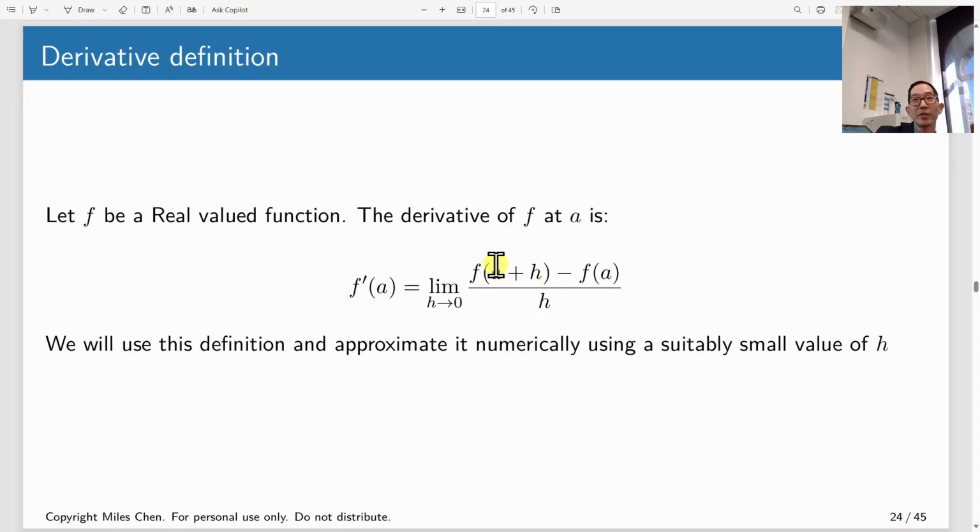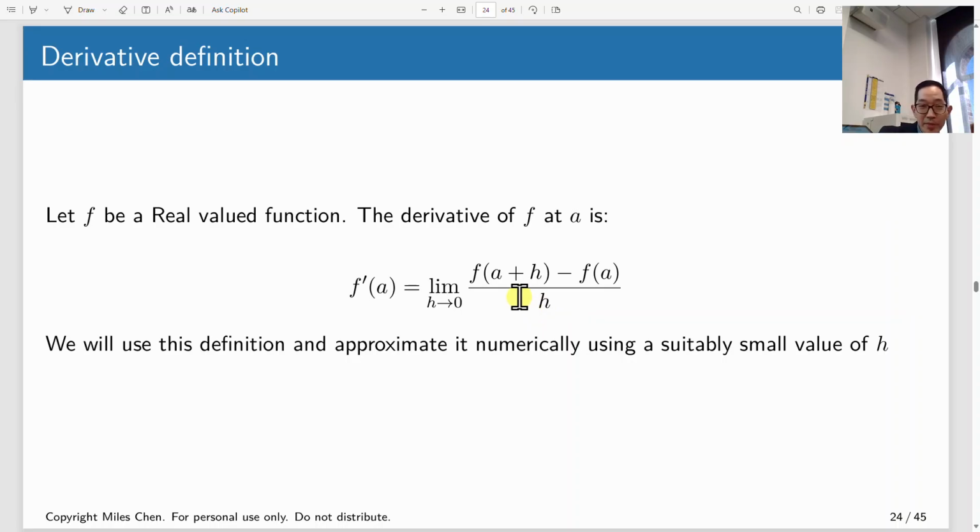You're going to evaluate the function at a plus h. How much does the function change between the value of the function at a and a plus h? Basically, how much does the y change? And you're going to divide by how much x changed, which is going to be h. And we're going to take this as h goes to 0.